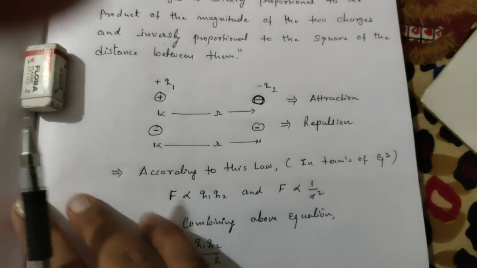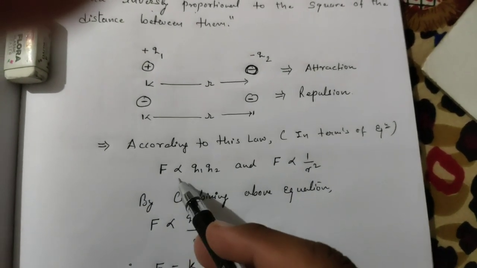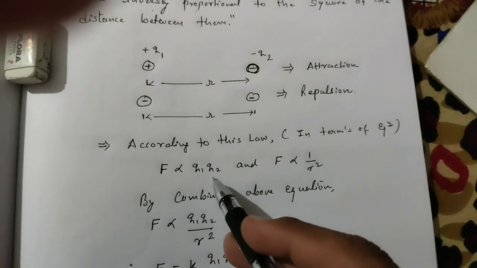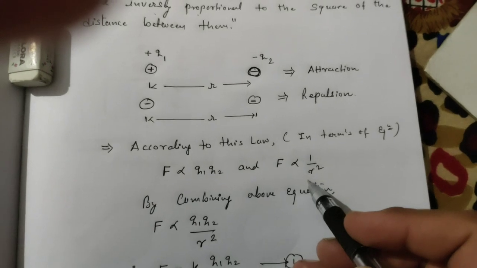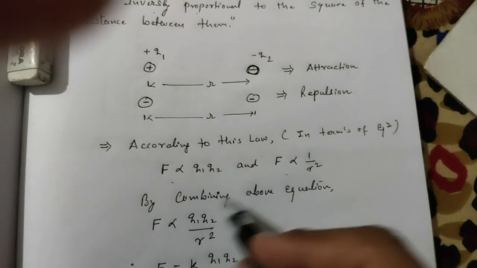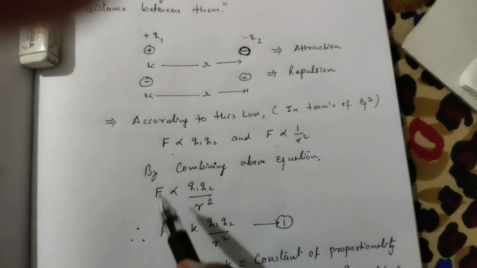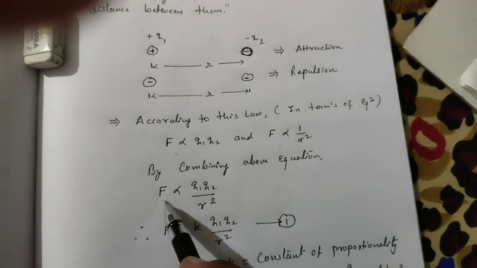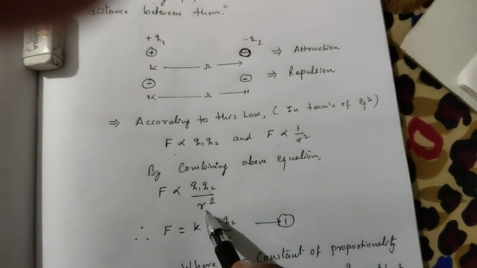Now according to this law, in terms of equations we can write F is directly proportional to q1 q2, and F is inversely proportional to the square of the distance between them. So over here we have two relations, this one and this one. Now we can combine them since it is a single, simple force. So F is directly proportional to q1 q2 upon r square.